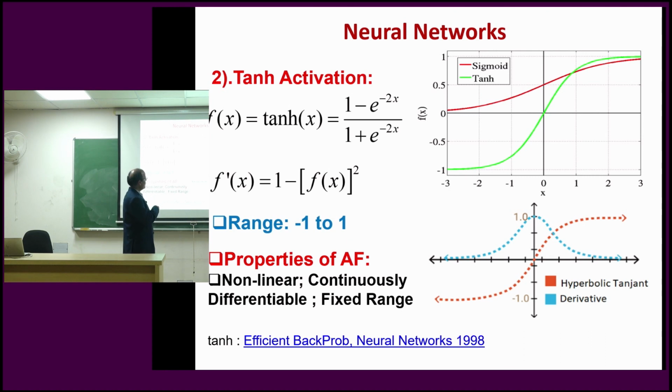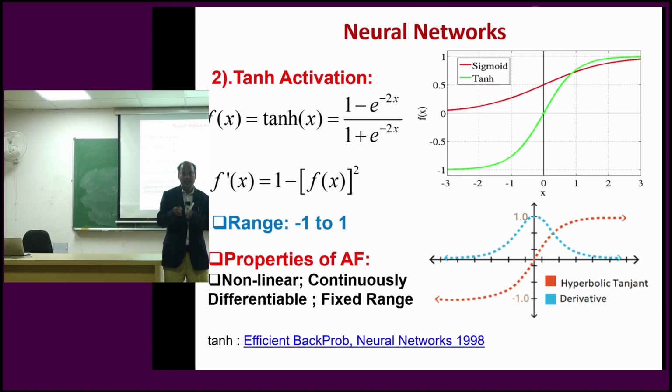But if you see the tanh case, the vanishing gradient occurs later. So you see there's a better curve here. The tanh gives you an even better range of output, -1 to 1, and the vanishing gradient will take place at a later stage as compared to the sigmoid activation function.